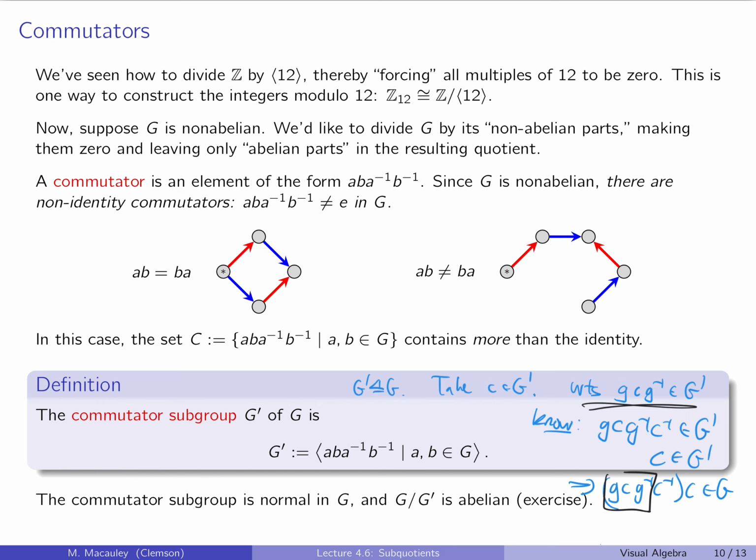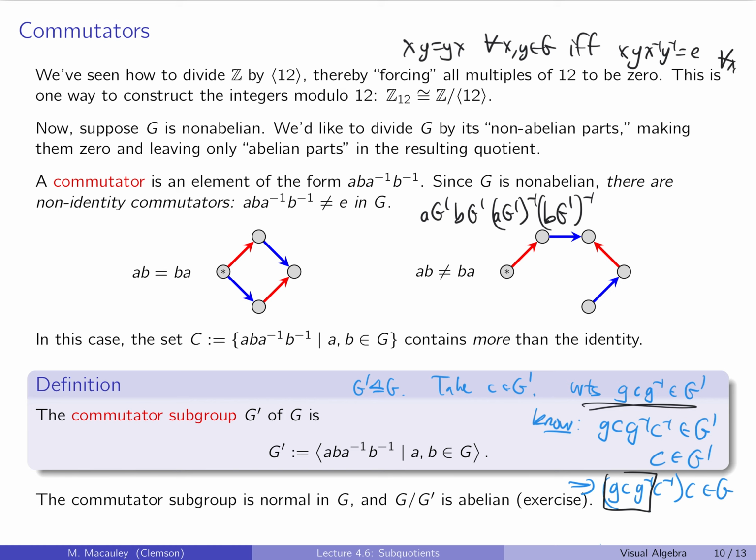And why is it abelian? Well, I think the easiest way to say it is if you have cosets aG prime, bG prime times aG prime inverse, bG prime inverse. So let's take a commutator in here. Notice that xy equals yx for all group elements in a group if and only if x, y, x inverse, y inverse is the identity for all x and y.